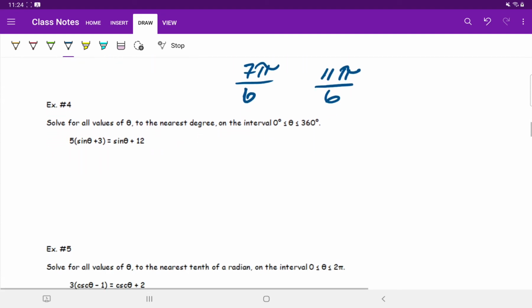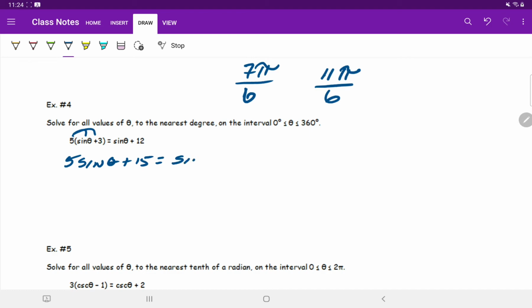Question 4, we're back to degrees again. Now I need to distribute. 5 sine theta plus 15 equals sine theta plus 12. Let's move everything around. It becomes 4 sine theta equals negative 3, divided by 4.